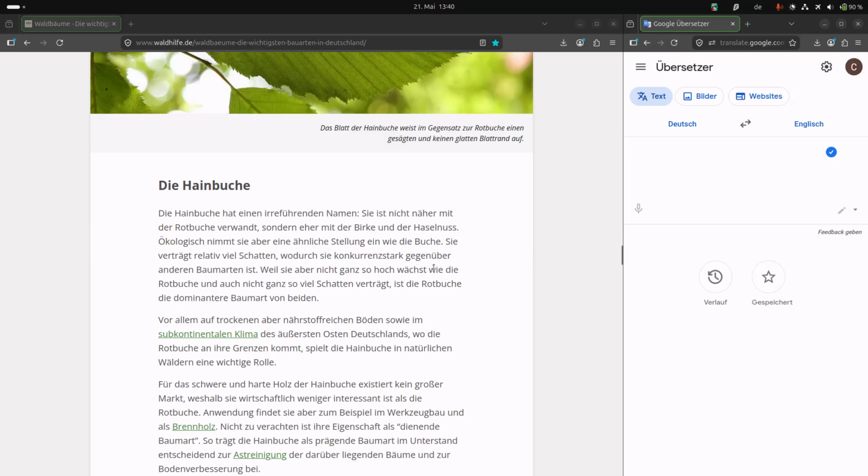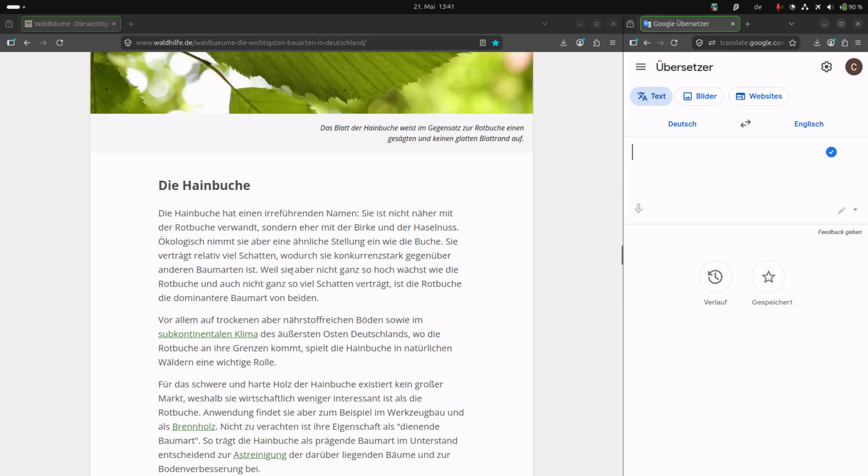Wie die Rotbuche, like the European beech, and auch, also, nicht, not, ganz, completely, entirely, whole, so, viel, much, many, Schatten, shadow, verträgt, tolerates, ist, die, the, Rotbuche, European beech, die, the, dominantere, more dominant, Baumart, tree species, von beiden, of both. So, that was relatively clean.